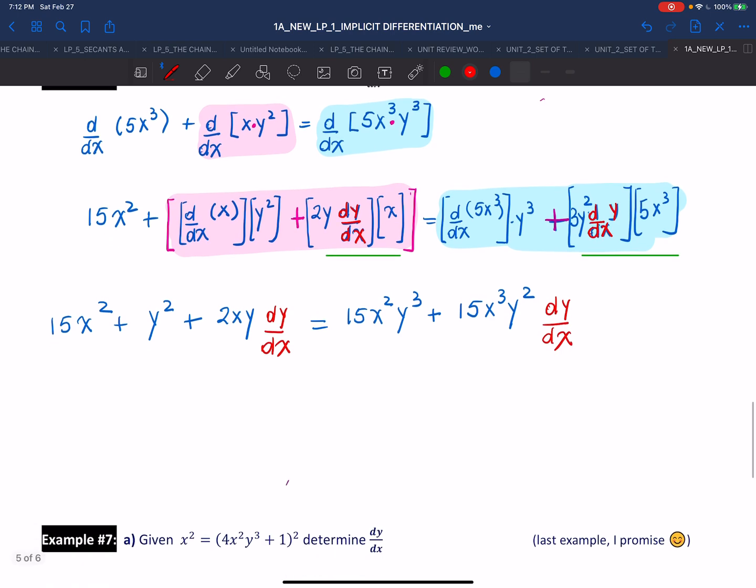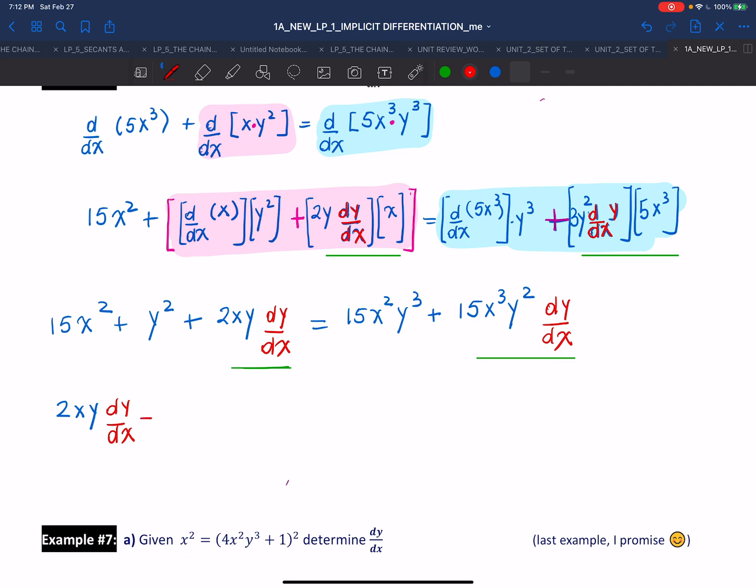Okay, so notice that our unknown is in these two terms. So these are the two terms we'll bring to one side of the equation. So we're going to leave 2xy dy dx on the left side, and we will have this term join the dy dx term on the left.